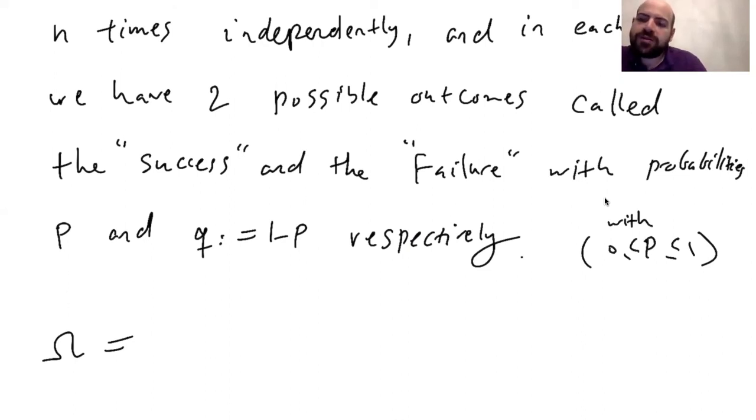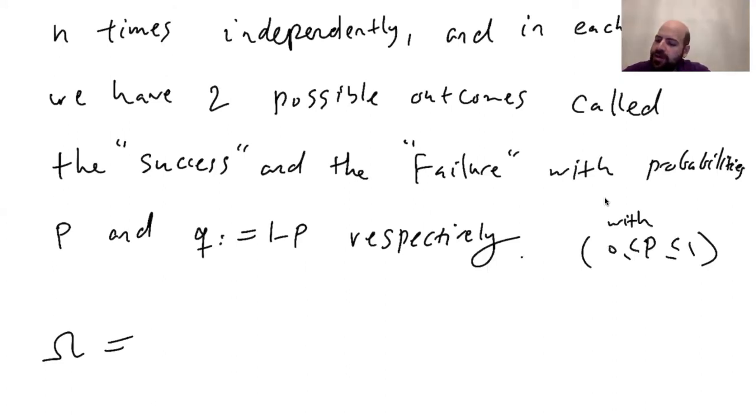You can call observing an odd number success and observing an even number failure, or the other way. It doesn't matter which one you call success or failure. In a lottery, you either win or you don't win, so you can call winning a lottery failure. It doesn't matter, it just has to be two outcomes. One of them we call success, and one of them we call failure.